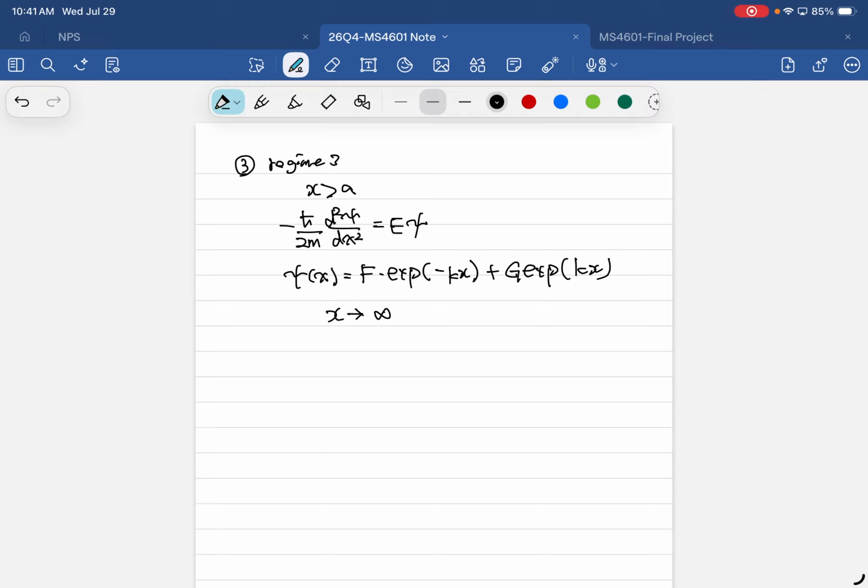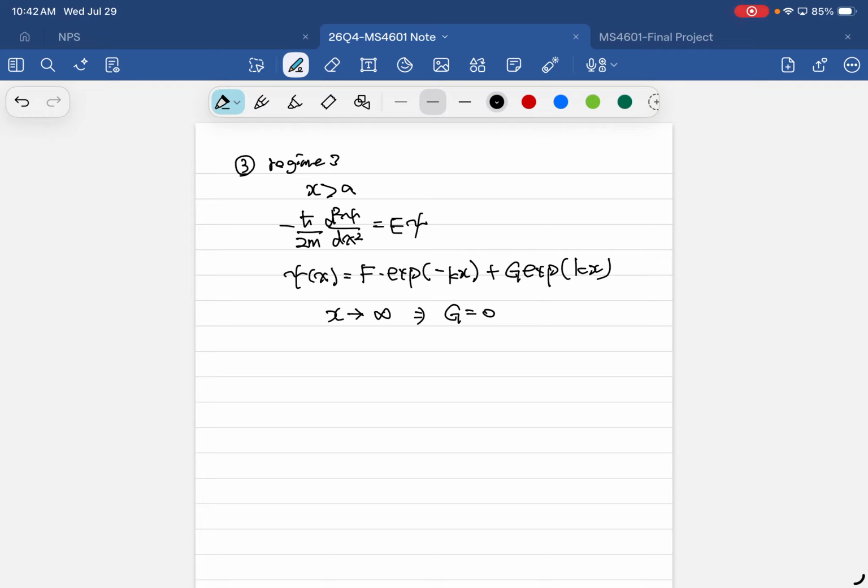The second term blows up, right? This one goes to 0, this one goes to infinity. Then it doesn't physically make sense, because this gives us the probability being infinity. So because of that, G has to be 0. Because if G is not 0, physically it doesn't make sense. Does it make sense?